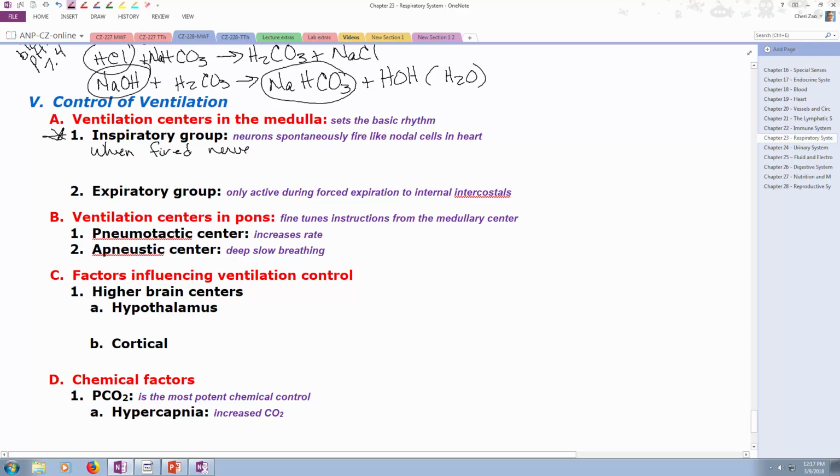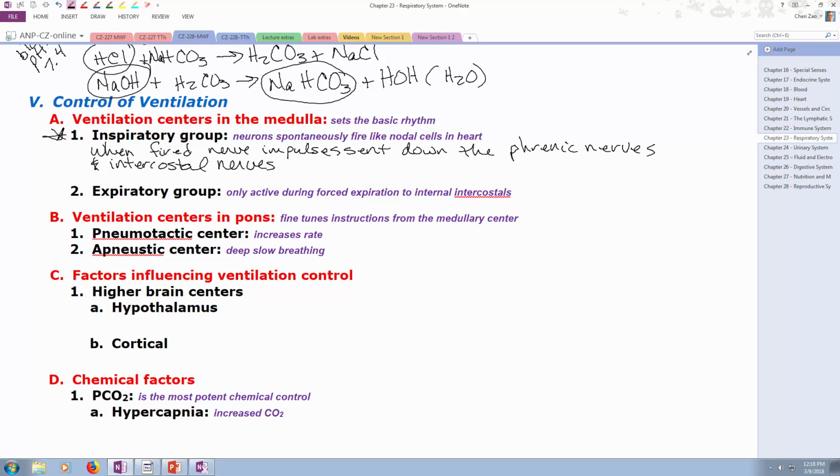nerve impulses are sent down the phrenic nerve, well, we actually have two phrenic nerves, and intercostal nerves. And so these are going to stimulate two very specific muscles.